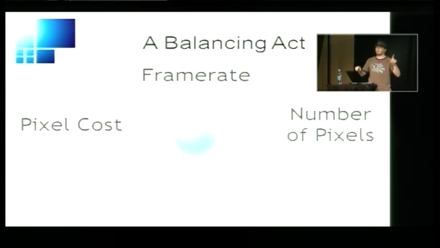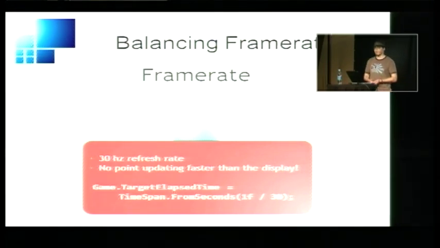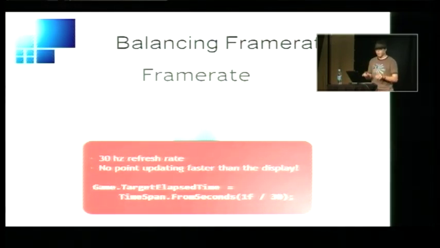So these are kind of the variables we can change. The frame rate, the phone always goes with 30 FPS. We can't make it go any faster, so there's no point in trying to draw any faster. We could do it lower, but I think we want to stick with 30. So you don't want to change that.